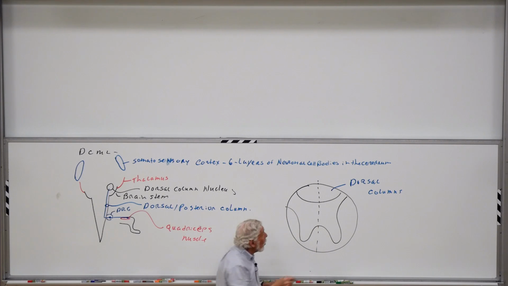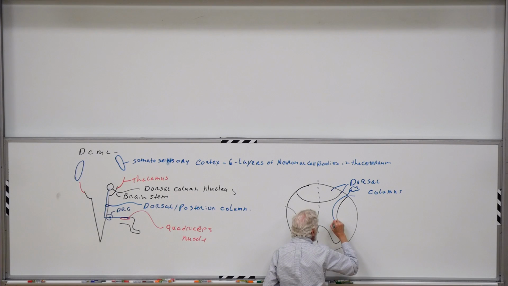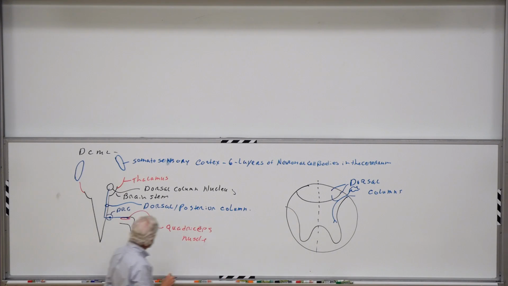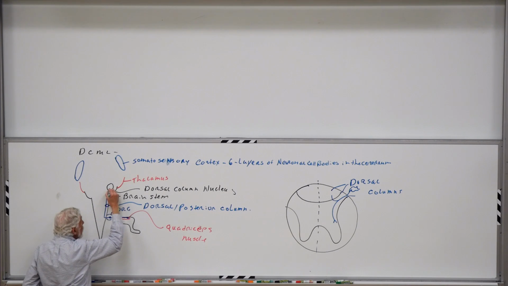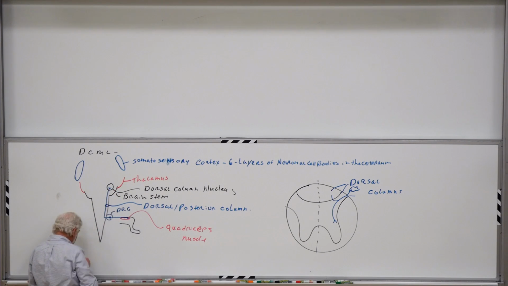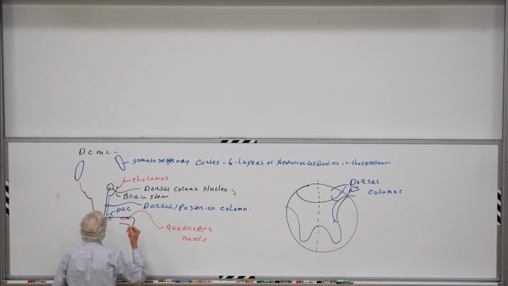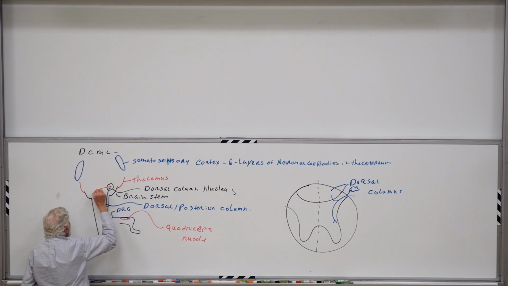And in cross-section, what we recognized was that the neuronal cell body out here in the dorsal root ganglion sent a process into the central nervous system. And the one we followed initially was down here into the ventral horn. But there's a branch here that goes into the dorsal columns. That's the branch we're following here. It ascends the cord to the dorsal column nucleus.